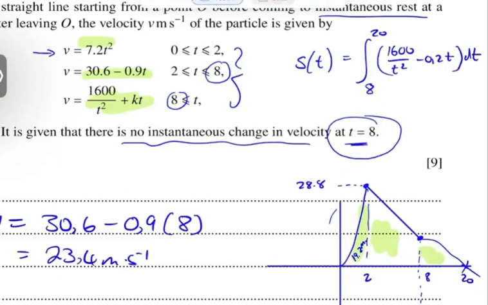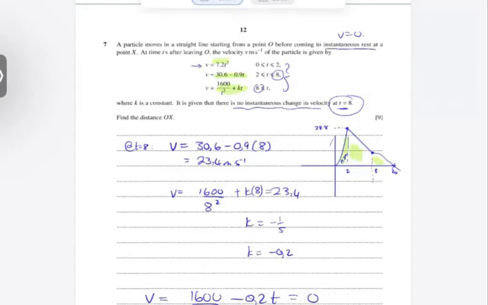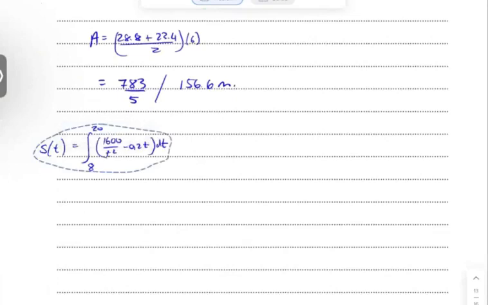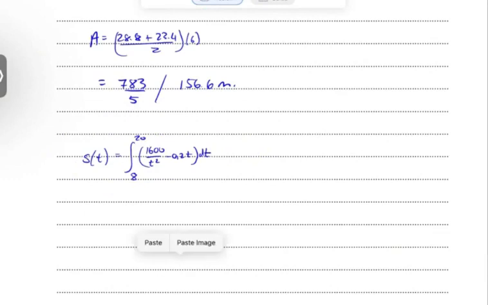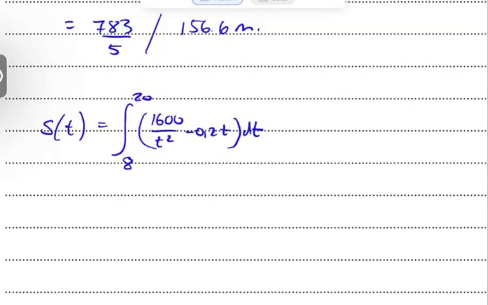That's my final area that I'm looking for. Then we've got to add up these 3 areas, and hopefully that gives us the right answer. Just before I integrate, I need to bring my t up, the -2.